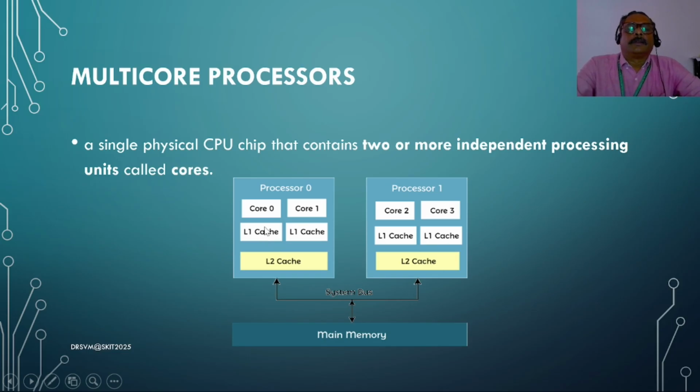So each processor chip will contain two cores, two L1 cache memories, one for each core, and one L2 cache. So if our motherboard contains two processor chips, then in all we have 4 cores, 4 L1 cache memories, and 2 L2 cache memories, and through the motherboard this is connected to main memory and other associated system.